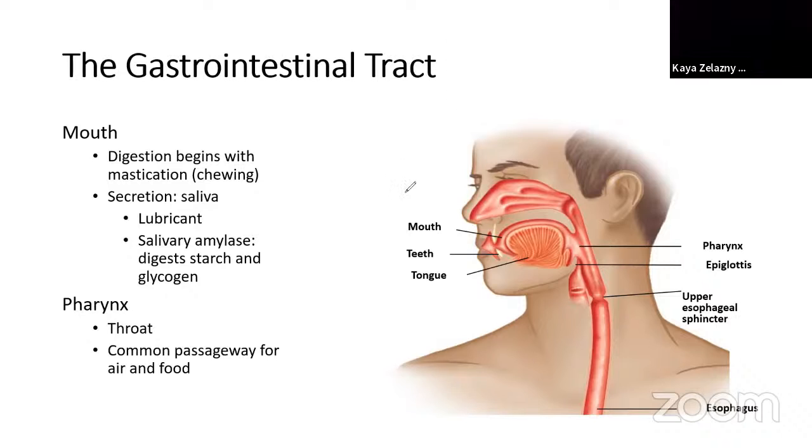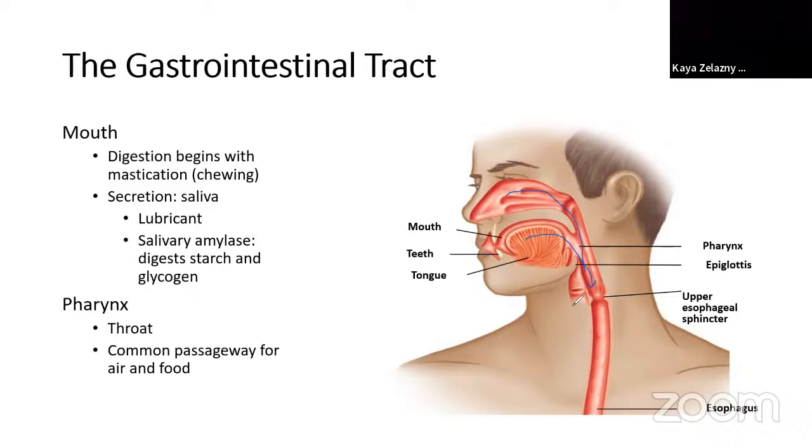So after we pass through the mouth, we go into the throat, aka our pharynx. So this is that common passageway for food coming from our mouth. We remember from the respiratory system, we also have air coming here through the mouth as well as through the nose. That's our pharynx.